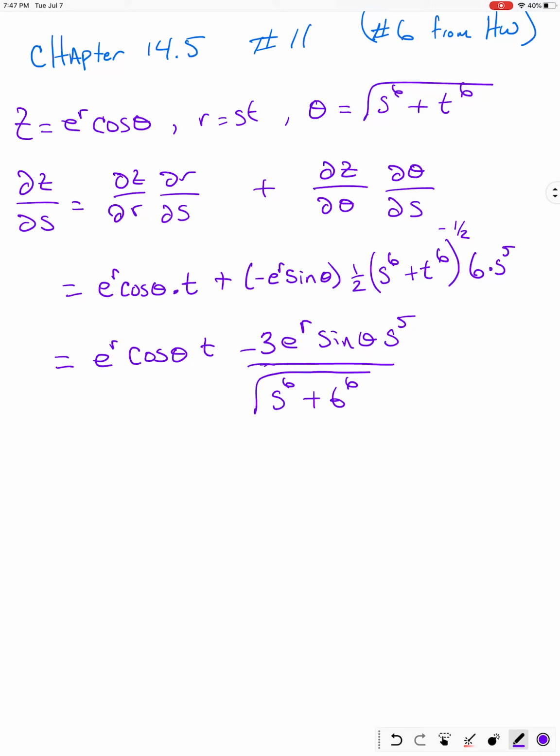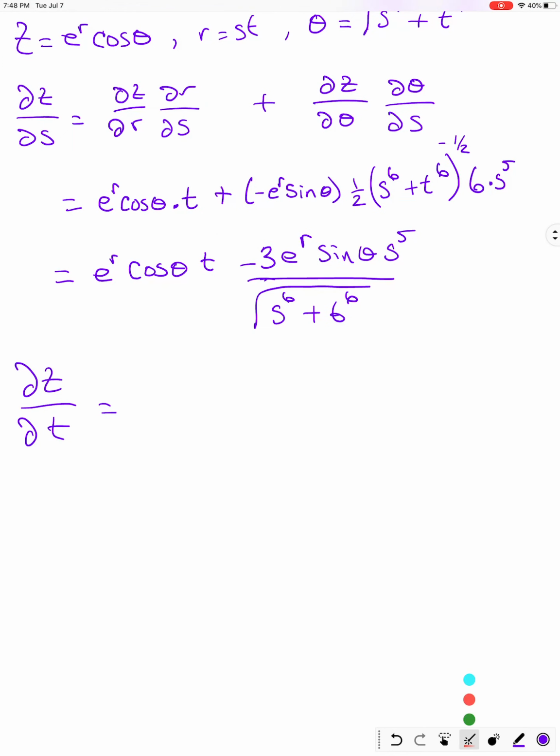So that's the idea. The problem also asks us to take the partial derivative with respect to t. So once again, I have two variables of z, and so I write two copies: partial derivative of z with respect to t plus partial derivative of z with respect to t.